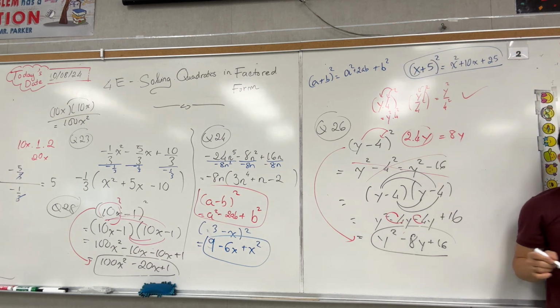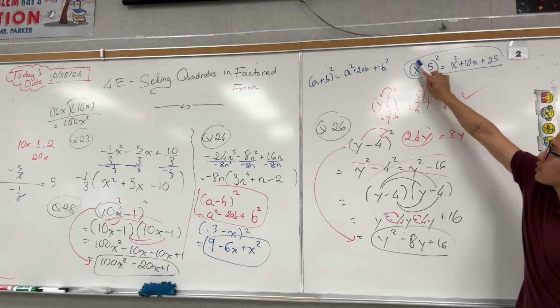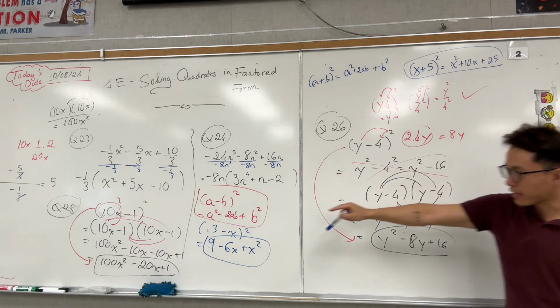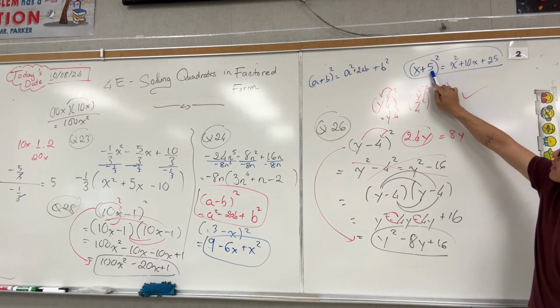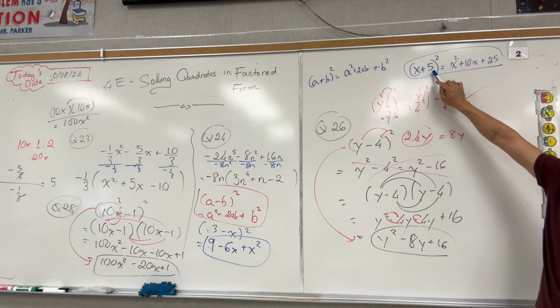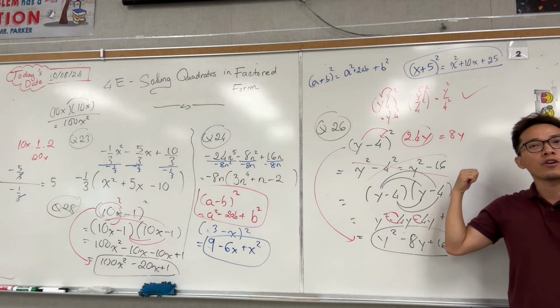Make sense? So fast, but it's not that hard. What you need to do is square the first one, multiply them together and multiply by 2, because that's the formula we found. So I have 5x times 2 is 10x, and then square this one, 5 squared is 25.